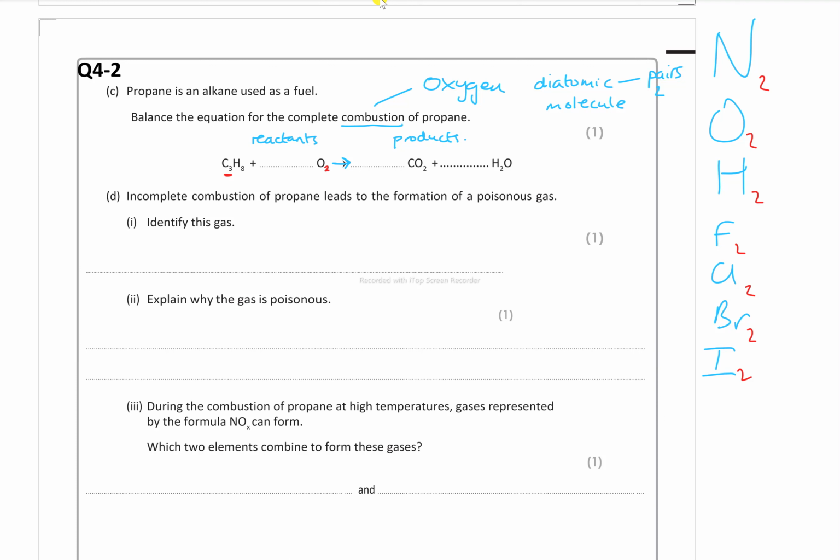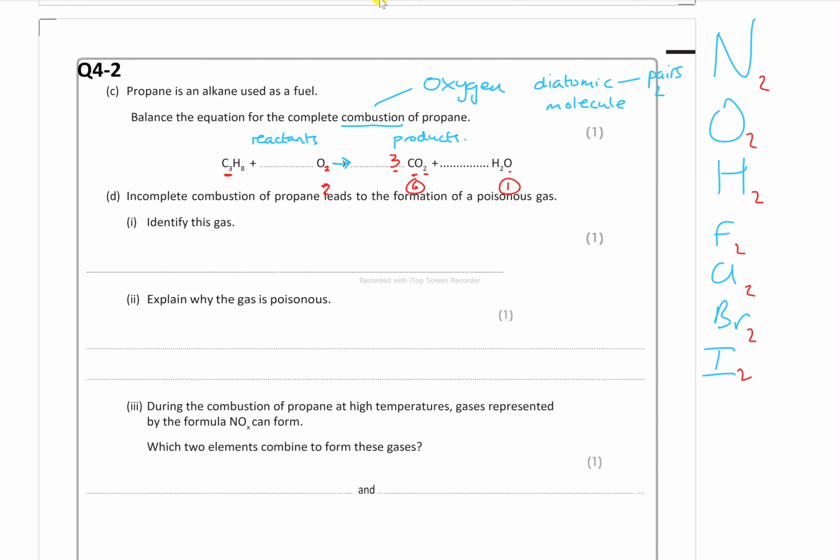So I've got 3 carbons, 1 carbon. So I'm going to just stick a 3 there. I've got 2 oxygen times 3, which is 6. And I've got 1 oxygen, 7. I've got 2 here, so that doesn't work out. So what I need is to balance them out. 7 and 2.